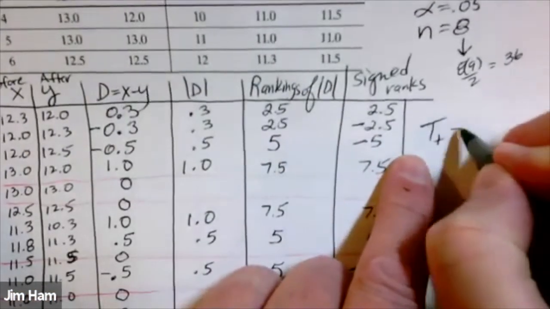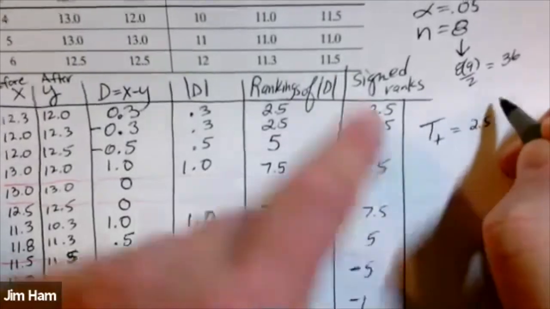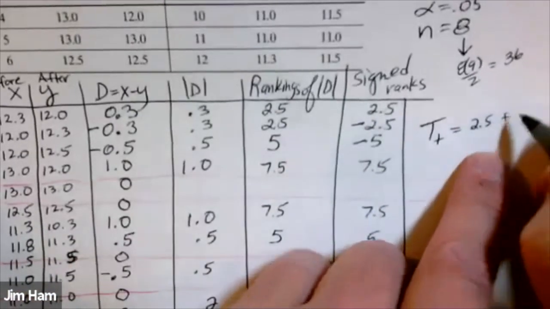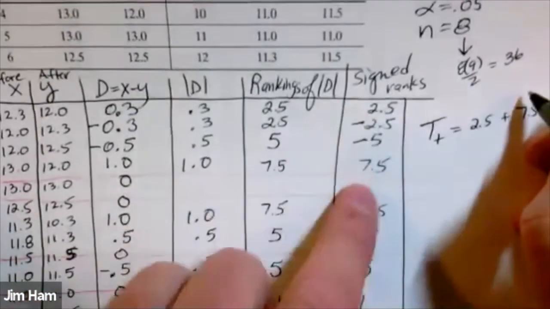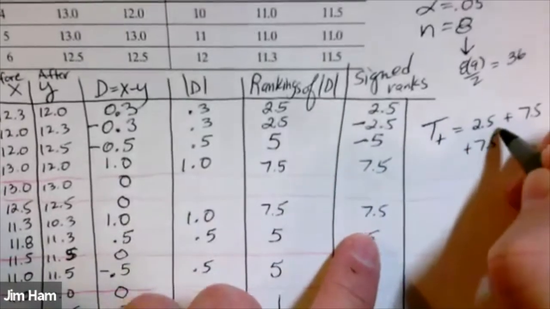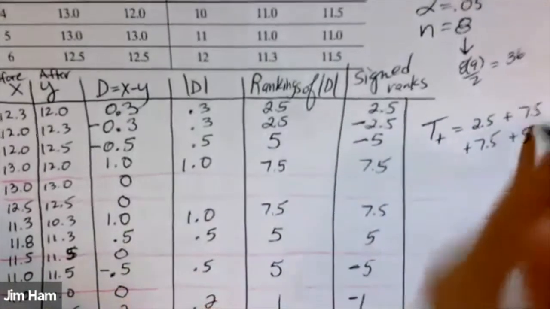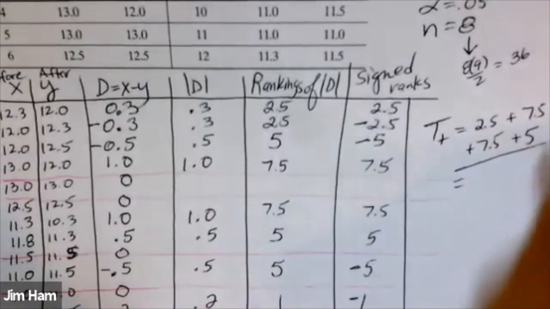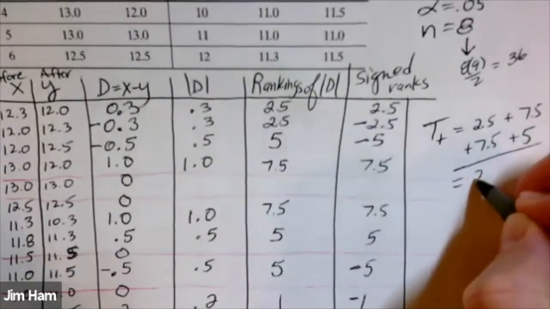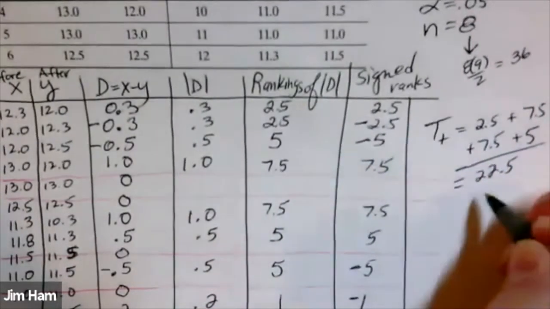So T plus is equal to 22.5. We're going to add all the positive numbers: 7.5, plus another 7.5, plus 5, okay? And that adds up to 15, 20, 22.5.